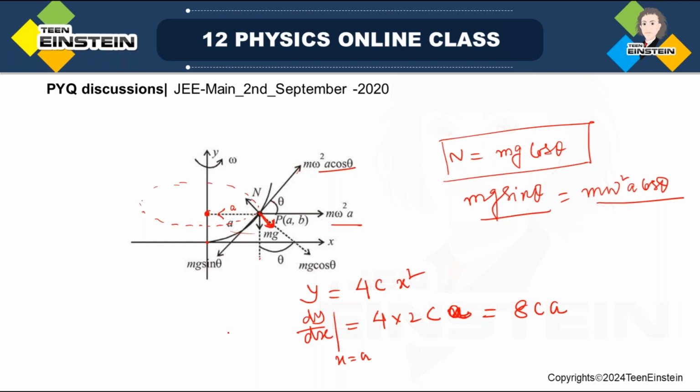I have got the tangent, which can be written as tan theta. So tan theta, the slope at this particular position, is 8ca.